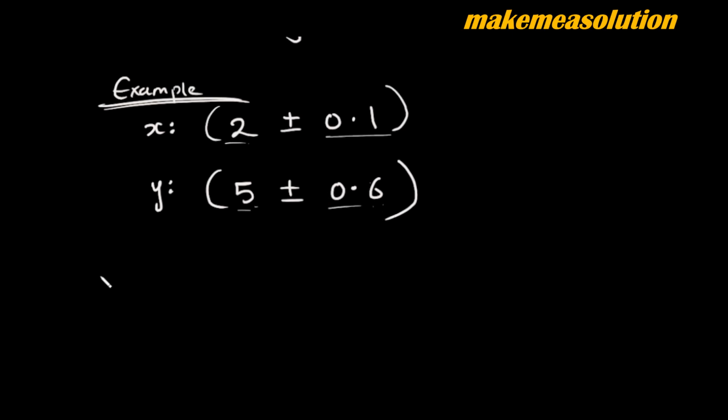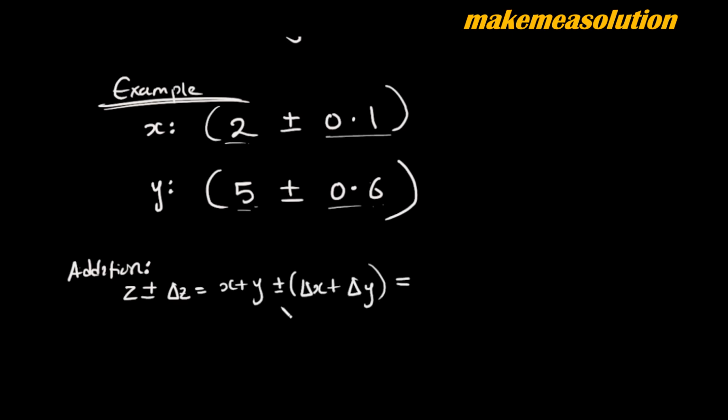So first of all, let's start with addition. I want you to follow me. If we are adding these two values to get the resultant value, we concluded in the last class that z plus or minus delta z is simply x plus y, then plus or minus delta x plus delta y.